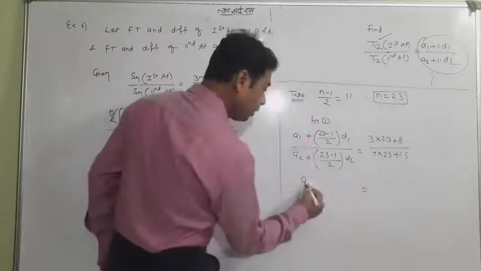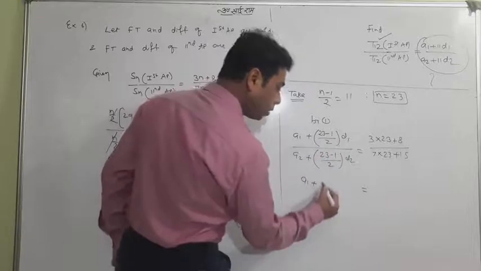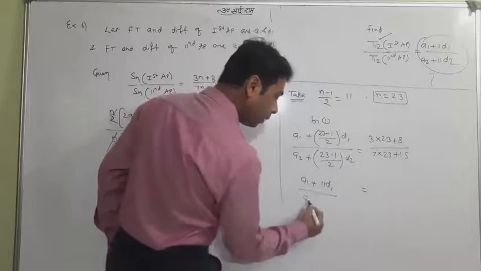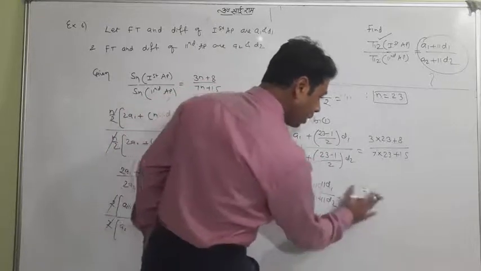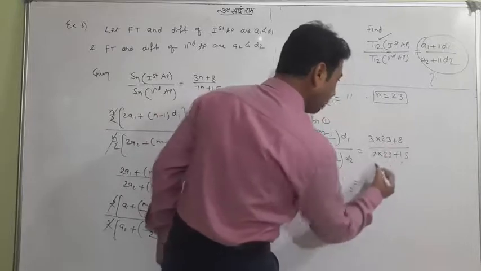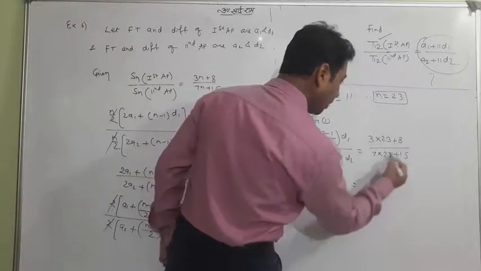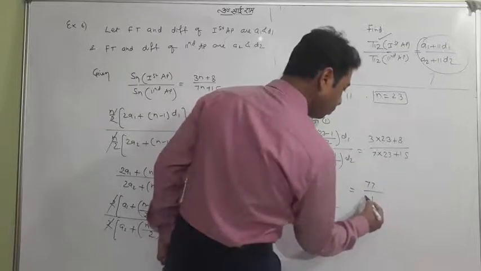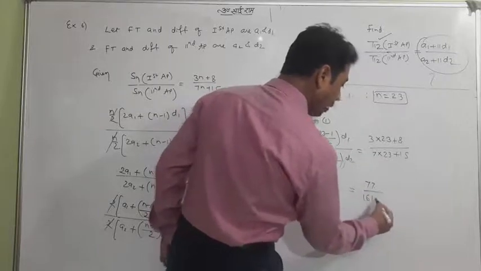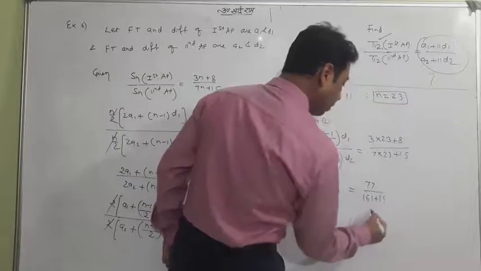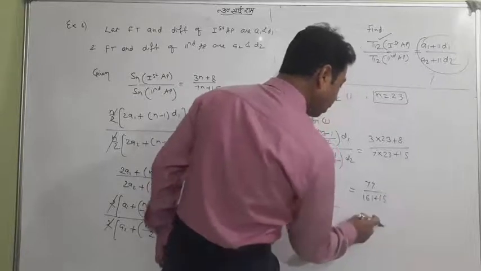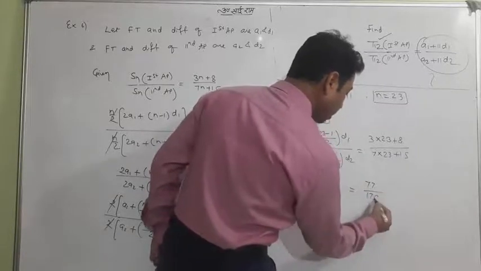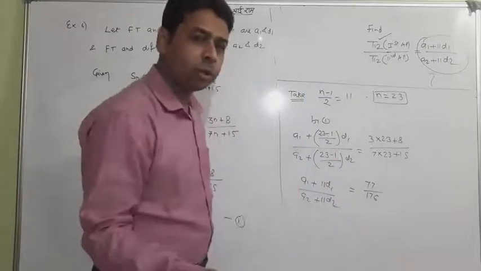And students, a1 plus this is none else but 11 d1, and this is again 11 d2, and you just multiply. This is going to be 69 and 8, 77. These two will be 161 plus 15, which is going to be 176. And you have now, I think, got the answer.